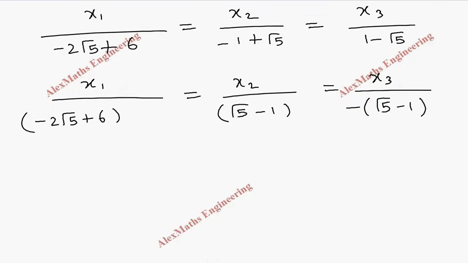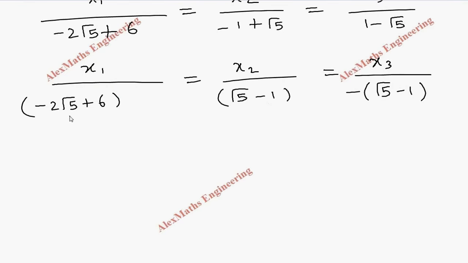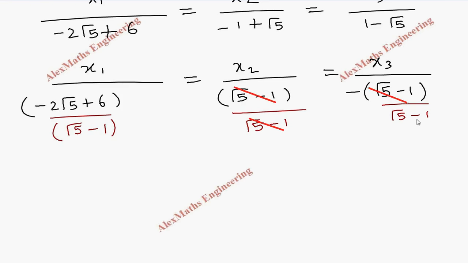So we can see the common term root 5 minus 1. So we are going to divide every term by root 5 minus 1. While dividing we can cancel these two, so it will become 1, and this will become minus 1.